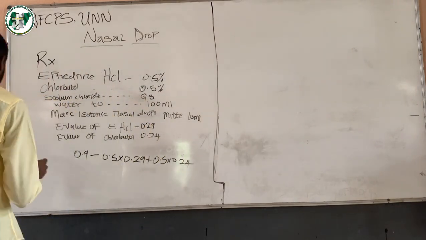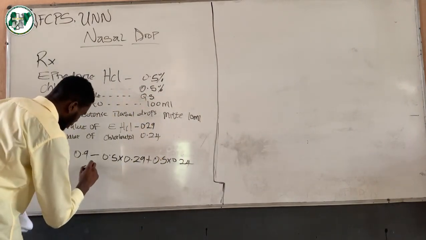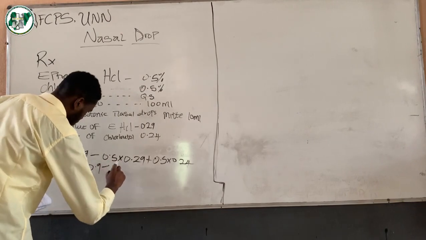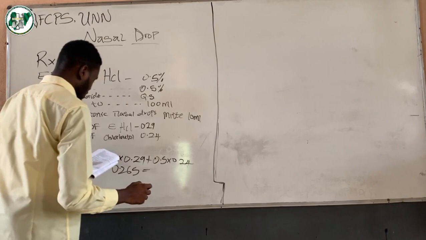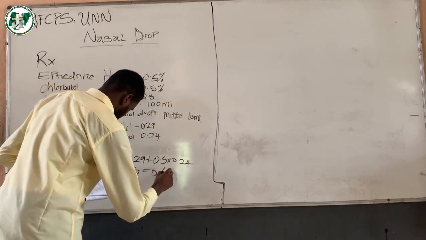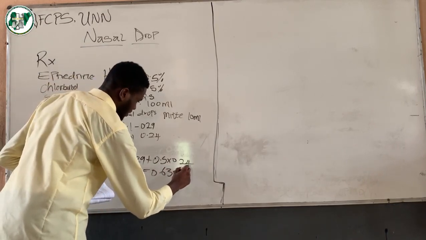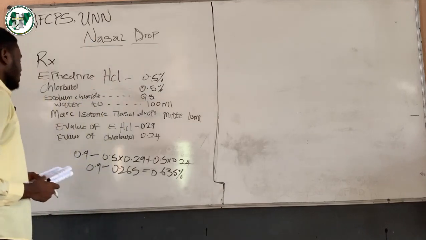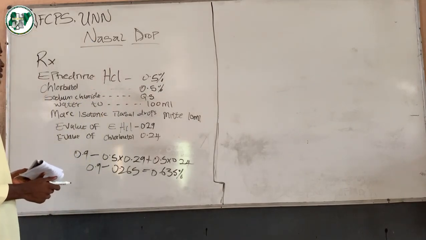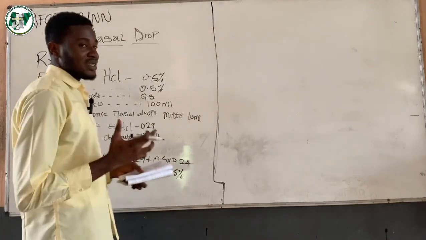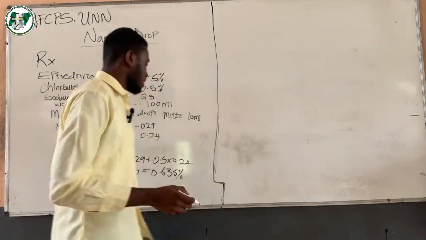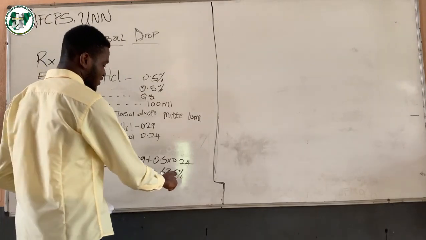So when we do this, we're going to be having 0.9 minus 0.265 to give us 0.635%. Now I must note that in getting this amount of our ionizing agents, you must expect it in percentage, right? So you expect it in percentage, 0.635.